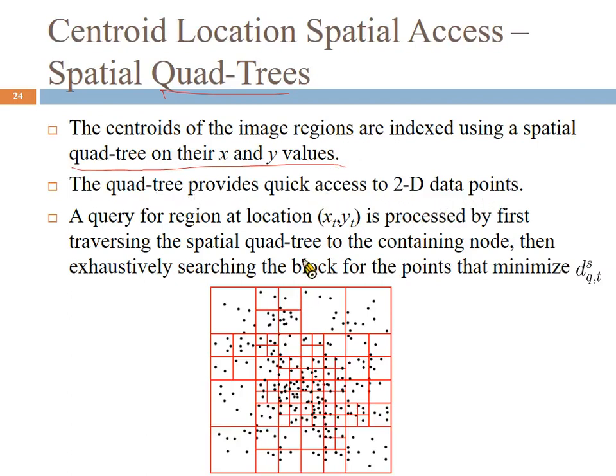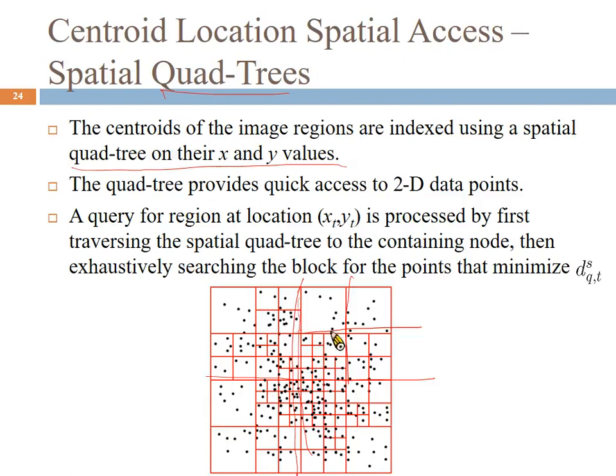The idea is this. Given the image plane, we can divide the image plane into 4 equal parts. And for each subpart, we may even divide these parts into 4 smaller equal parts.